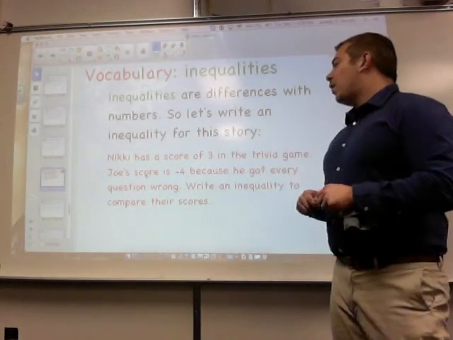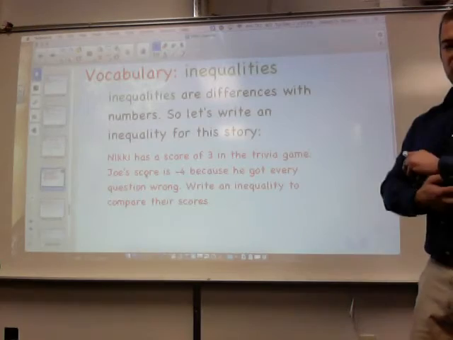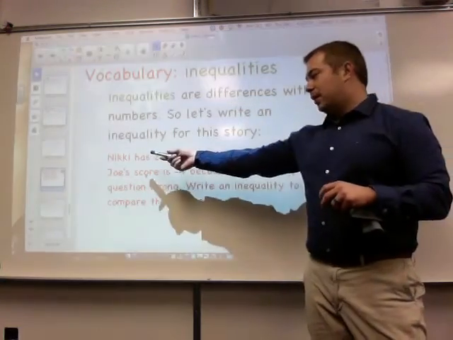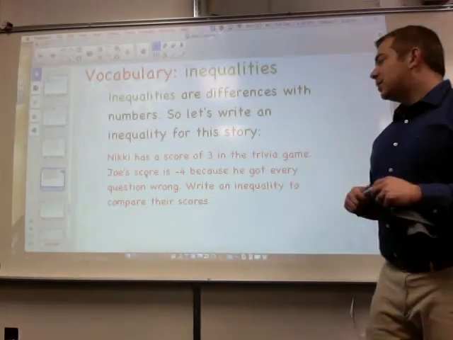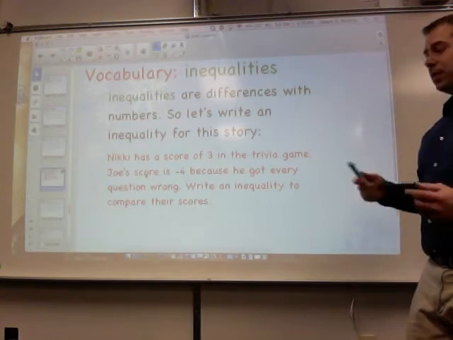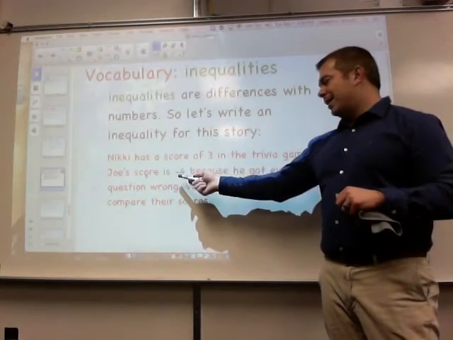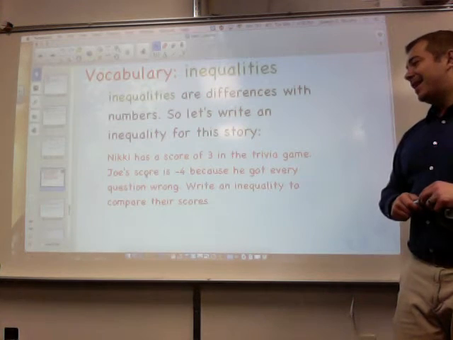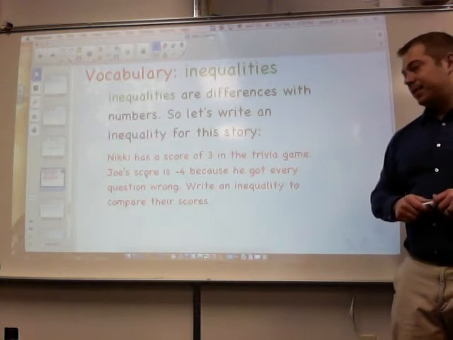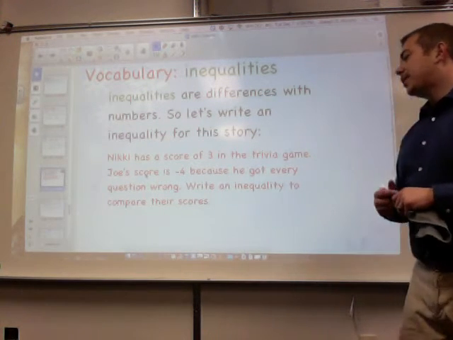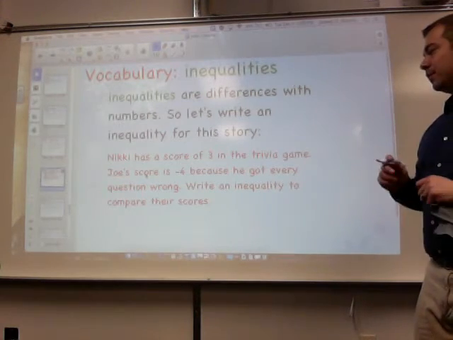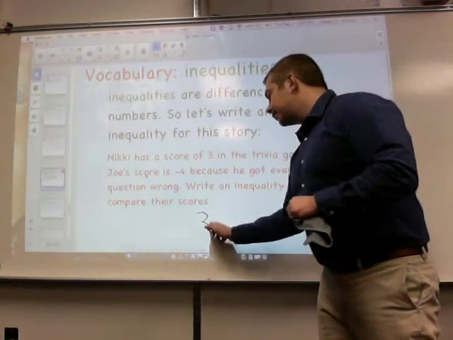So let's write an inequality for this story. You might not be able to see it too well, but here's my story. Nikki, the wonderful Nikki, has a score of 3 in the trivia game. Good for her. Joe's score is -4 because he got every question wrong, like I typically do. Write an inequality to compare their scores. Well, Nikki's score was 3.